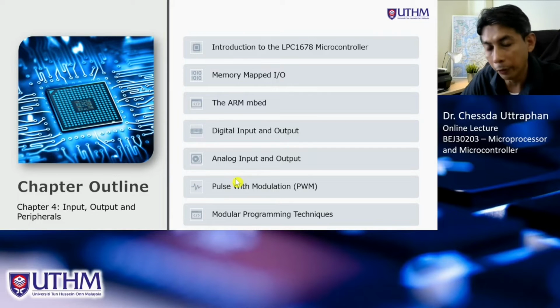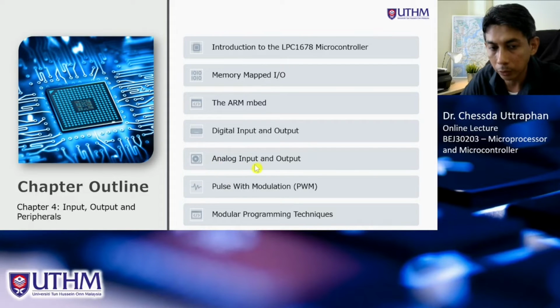We want to use the microcontroller to process the data from the outside, and the data is mostly in analog. Our microprocessor is a digital electronic device, so we need to convert the analog voltage into digital before we can manipulate or process the data, right?